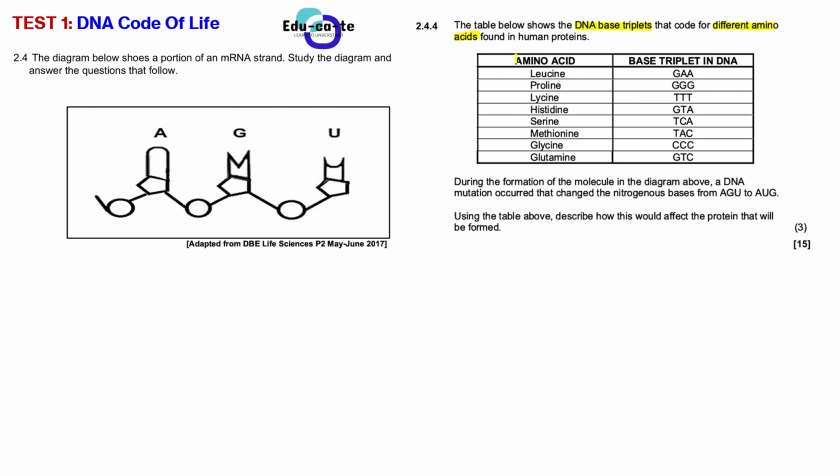Instead, you are only given the amino acid being coded for by a certain DNA-based triplet. So DNA-based triplet number 1 is GAA. This base triplet number 1 will first create a codon. Then that codon will look for an anticodon on a tRNA molecule carrying leucine as the amino acid.